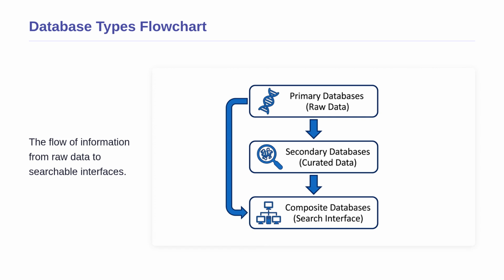Following the arrows downward, this raw data is processed into the secondary databases, where it becomes curated and annotated. Notice the arrows pointing from both the primary and secondary databases down into the composite databases at the bottom. This shows how the composite search interface pulls information from all levels, creating a unified, easily searchable network for researchers.